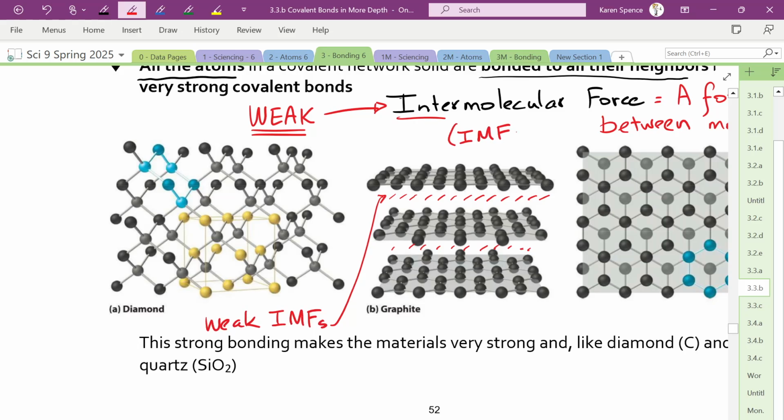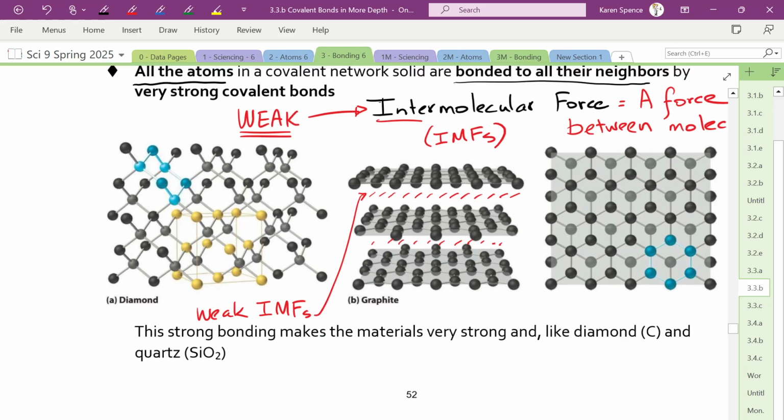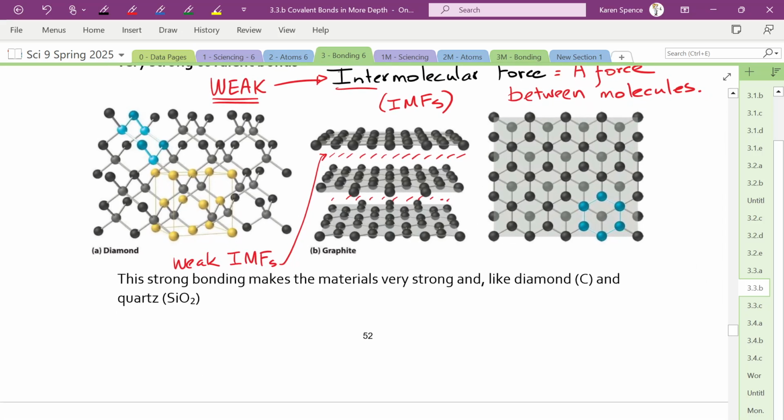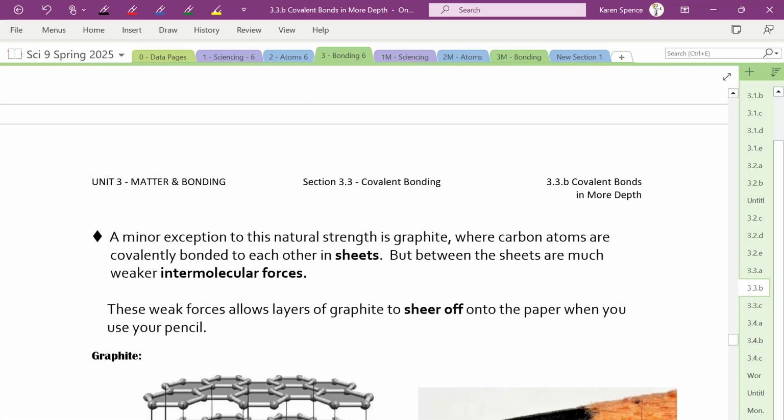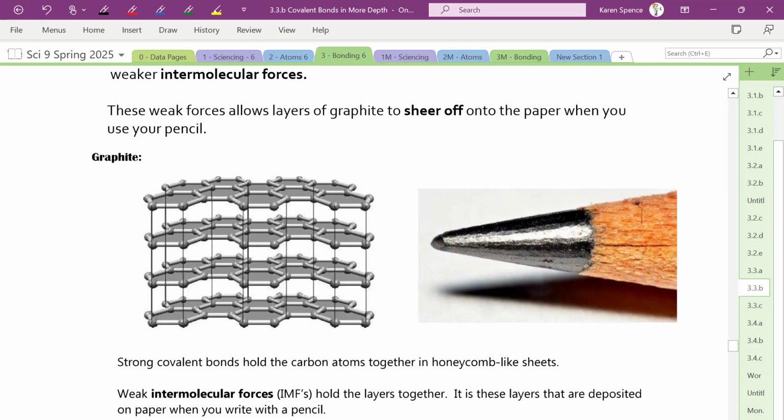Intermolecular forces are IMFs. Okie dokie. And then here we're just showing our graphite, and you can see here we have the IMFs.